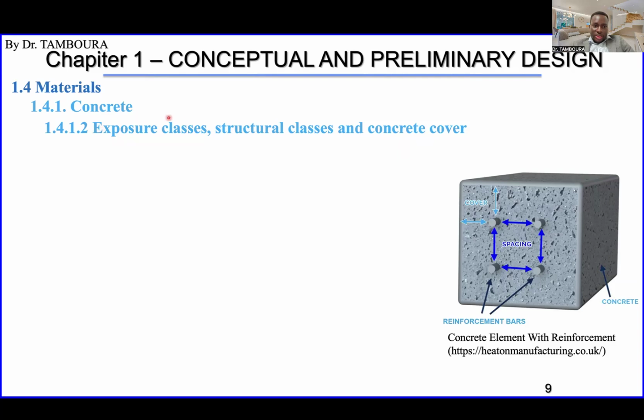First, we obtain the exposure classes, and from these exposure classes, we saw how to obtain the minimum strength of concrete, and then we will later find the structural classes, which is different from the concrete strength, okay? It is not the same. And then we will end up finding the concrete cover, this cover.